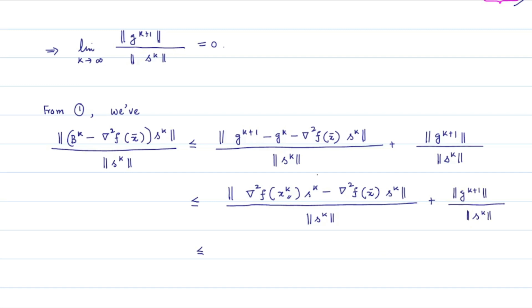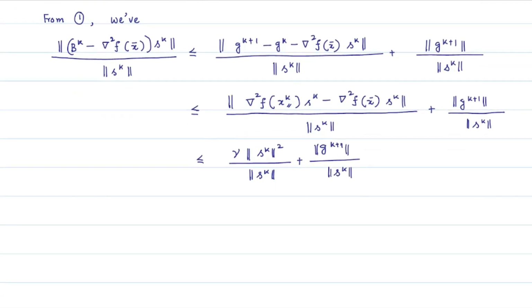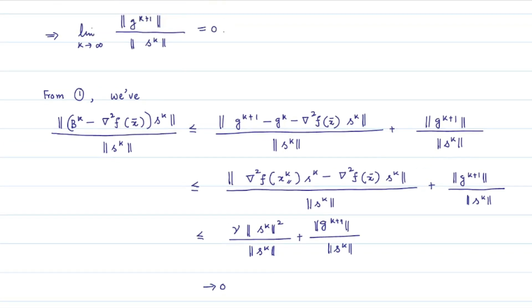Now this quantity, by the assumption that the Hessian matrix is Lipschitzian, is at most some gamma times norm of s_k squared divided by norm of s_k plus norm of g_{k+1} divided by norm of s_k, which tends to 0 as k tends to infinity, because we have proved that this quantity tends to 0.